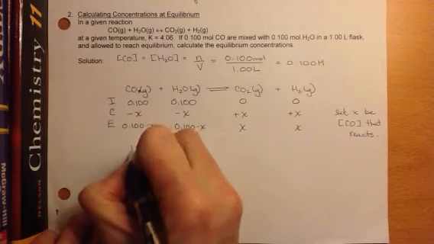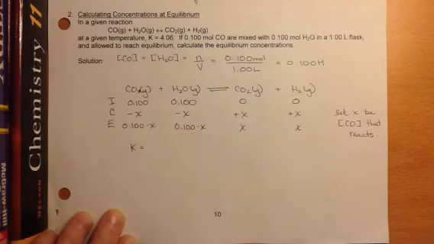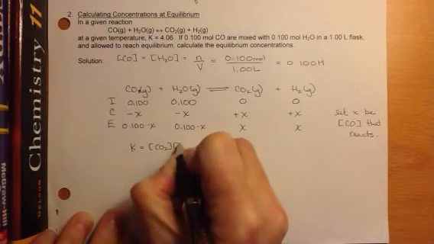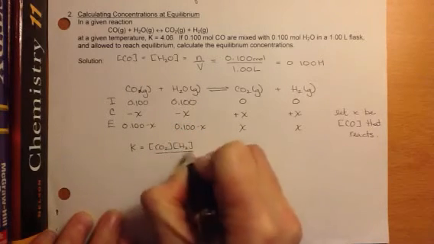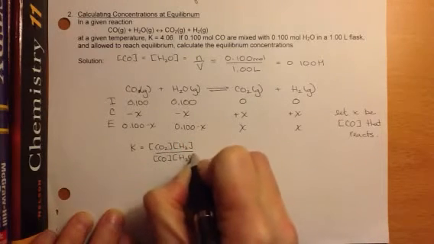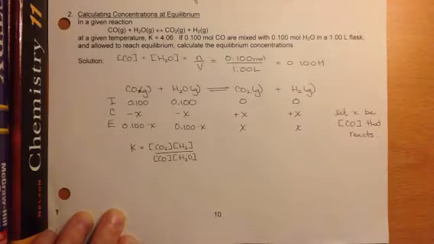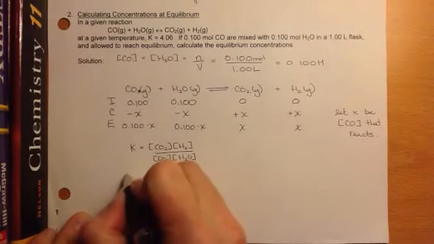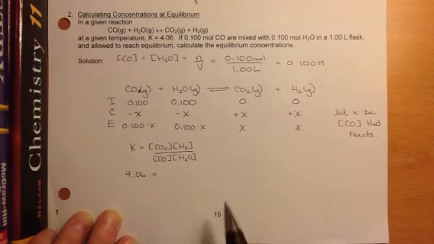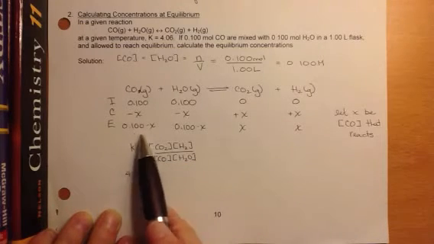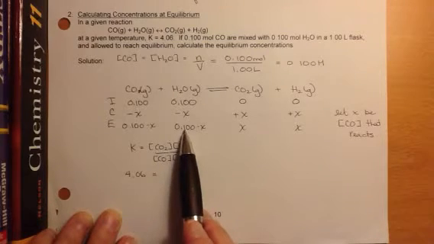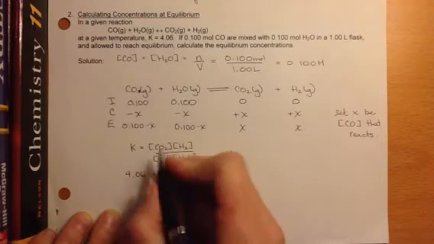Now let's use our equilibrium expression. K is equal to the concentration of the products over the concentration of the reactants. In this case, we're given the value of K, so we have 4.06 for our K value. The carbon monoxide and the water are both equal to 0.100 minus X at equilibrium.